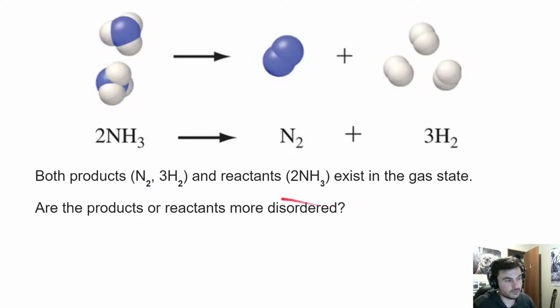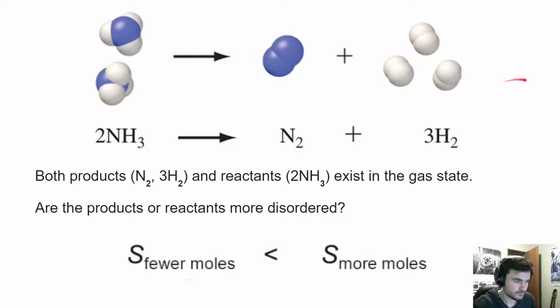We have to look at the number of moles. We have 2 moles on this side of our equation and 4 moles over here. So 1 here and 3 here. That makes 4. We're going from 2 moles to 4 moles. There are more ways to arrange 4 moles of something than 2 moles, so our products are going to be more disordered. So there's an increase in entropy. The entropy with more moles is greater than the entropy of fewer moles.